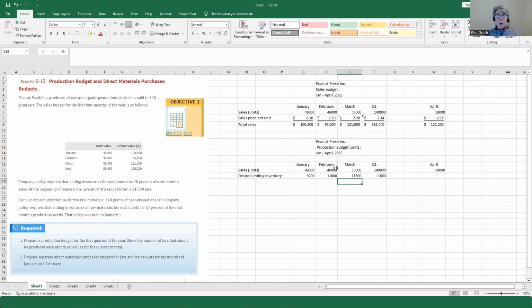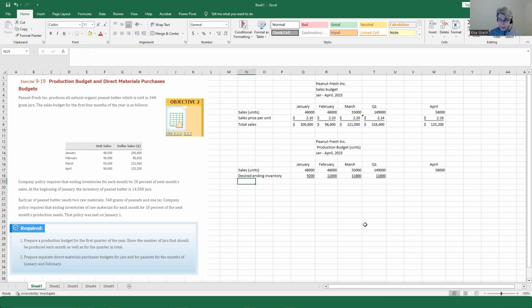That's better. So notice that this is on the last day of the quarter, March 31st. So it's going to be the same number as here. And often what I see students do is they add across. No, that's not the desired ending inventory on the last day of the quarter. That's the total desired inventory added across. It means nothing. All right, so now we've got the desired ending inventory.